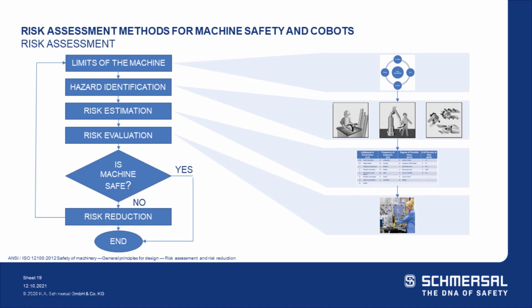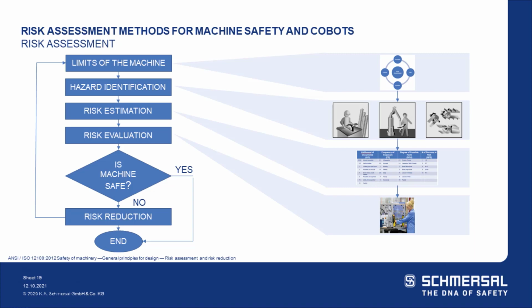I told you to remove all the guards and the light curtains and quantify it, but now we do our HRN with the guarding on. And if it comes down from very high to negligible or significantly low, then we know that we've accomplished it. We've done our controls, we've reviewed all of it, and now we've done our risk assessment.